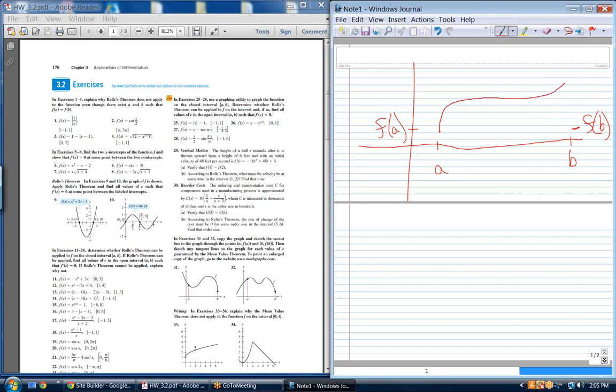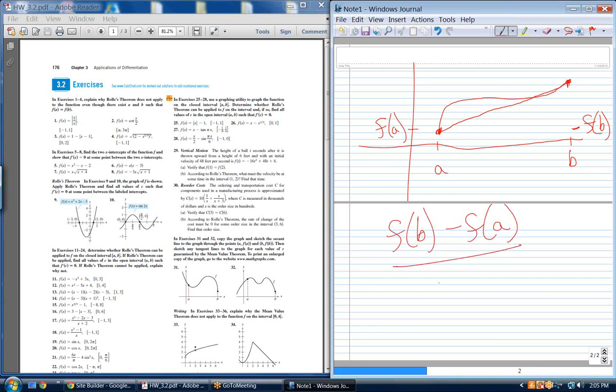The mean value theorem says that if you have a function that is continuous and differentiable, and you took the average slope between f of A and f of B, in other words, f of B minus f of A, all divided by B minus A, that would be your average slope, rise over run, that you are guaranteed to have a point on that function whose derivative is that same slope.